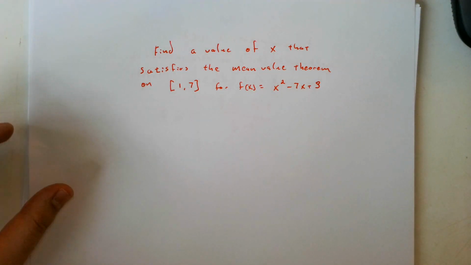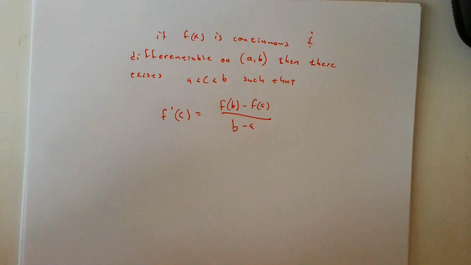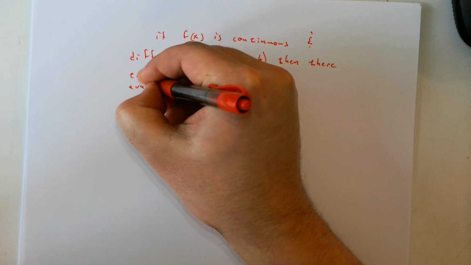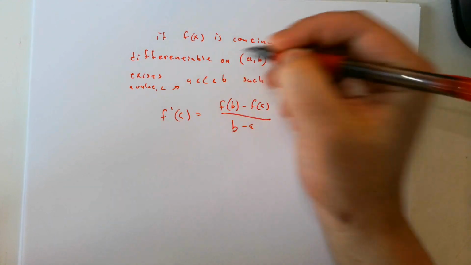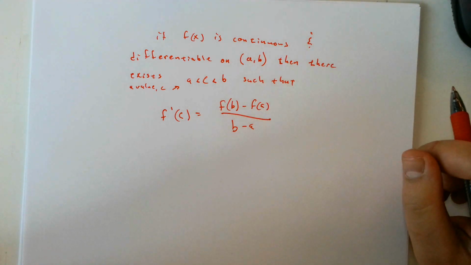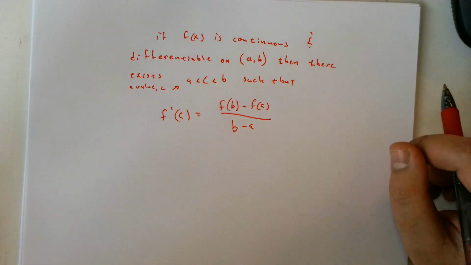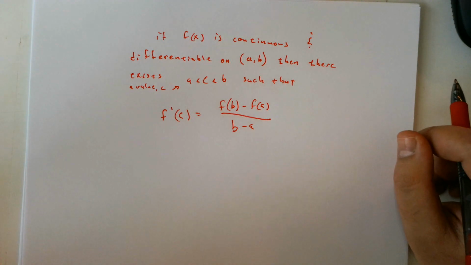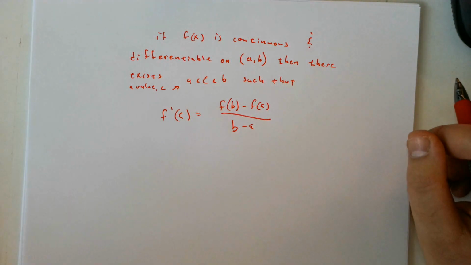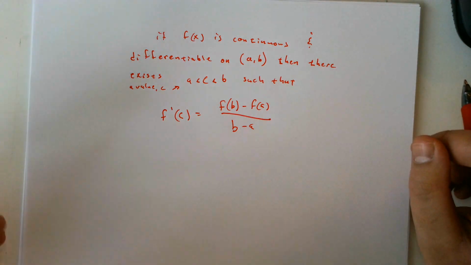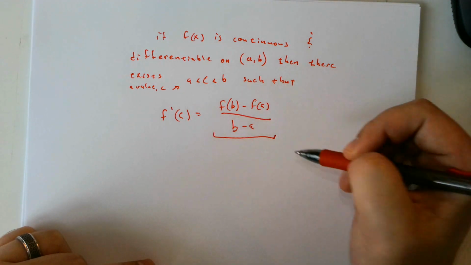All right. If you're watching this video, you might not remember, but the mean value theorem says if f of x is continuous and differentiable on an interval, then there exists a value c, where c is greater than a but less than b, so effectively saying c is in between a and b, and the derivative of our function at c is equal to this thing, right?